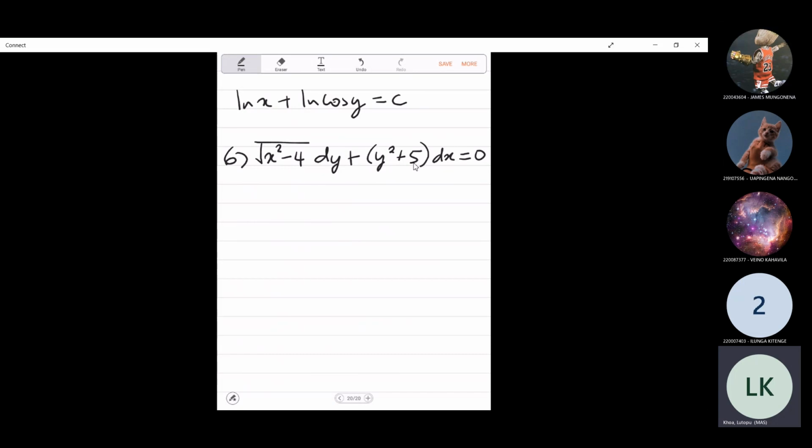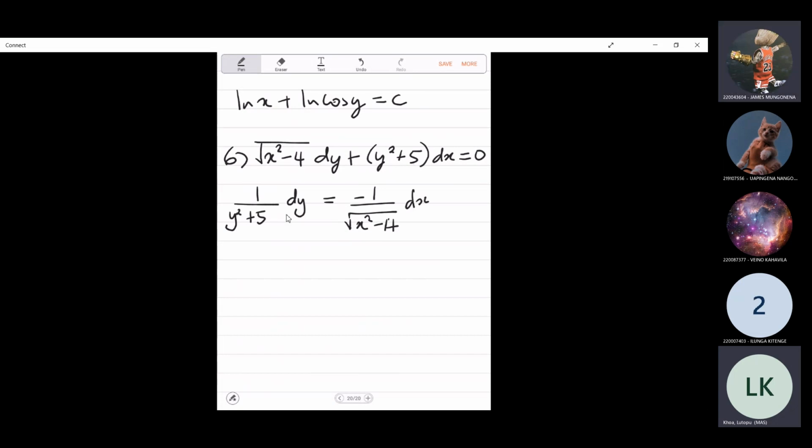So doing that, we will have 1 over y squared plus 5 dy is equal to minus 1 over the square root of x squared minus 4 dx. Okay, so this is separated, only y and dy, only x and dx.